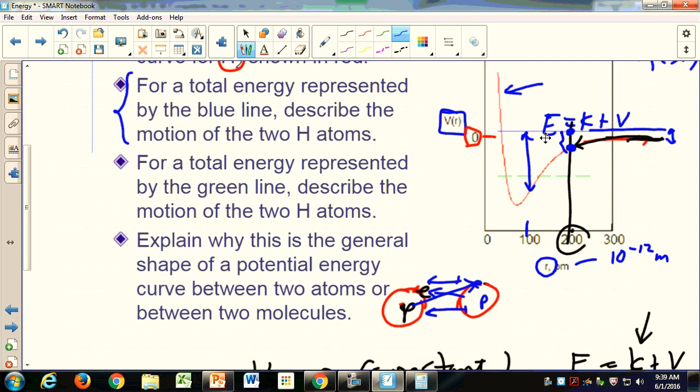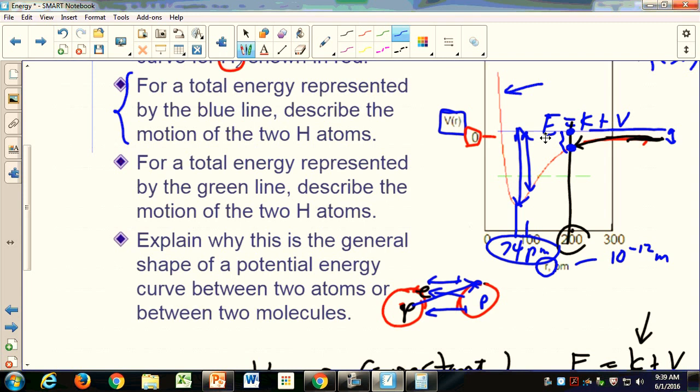What happens when you reach the bottom of the curve right here? This is around 74 picometers for hydrogen. You don't have to memorize these numbers. The purpose of this lesson is just to illustrate how two atoms would interact. Okay? So, what happens at the bottom here? That's where they achieve maximum kinetic energy.